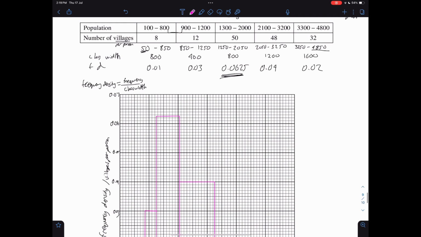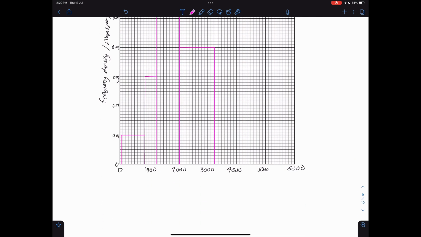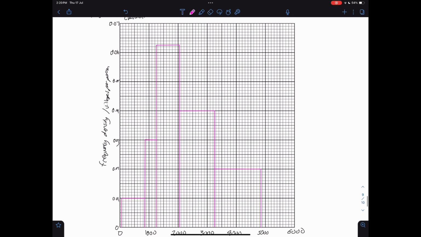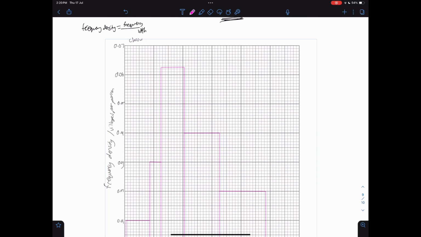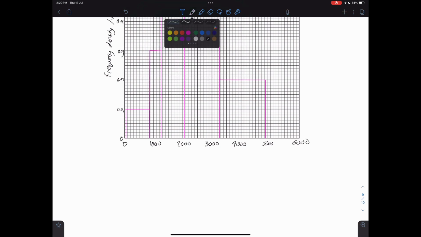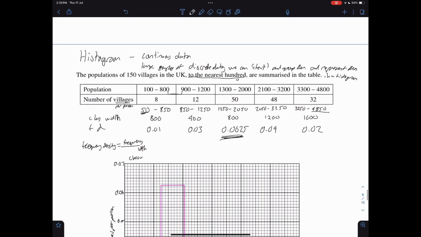Then the final bar is going to be up to 4,850 at 0.02. Right. Now, important things about this, you want to also label the axes. This is going to be your population.